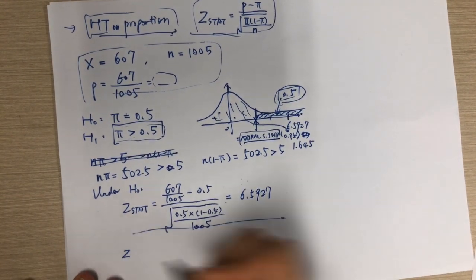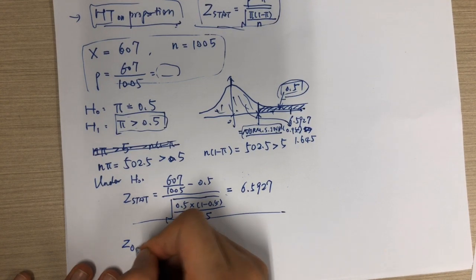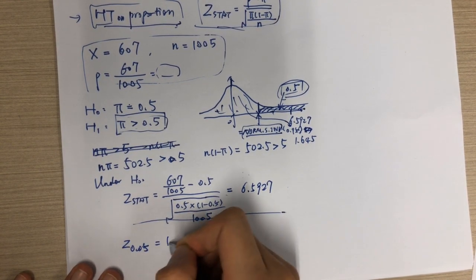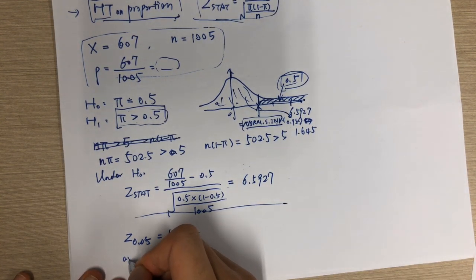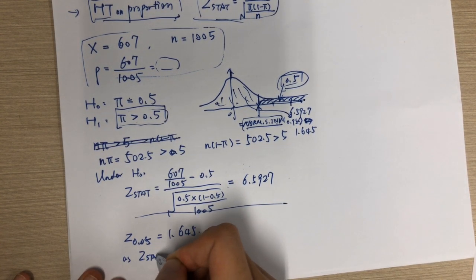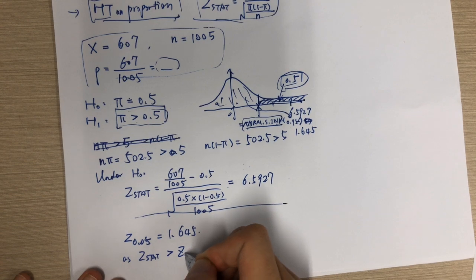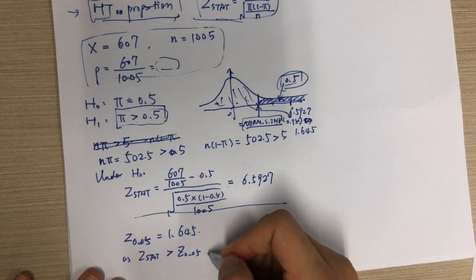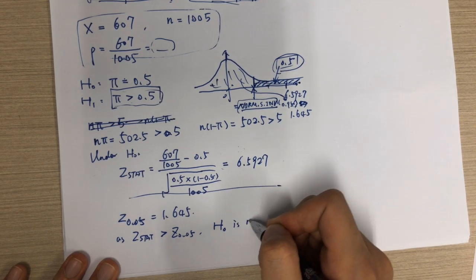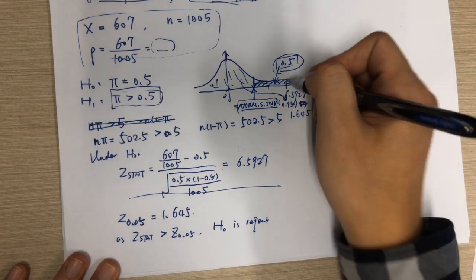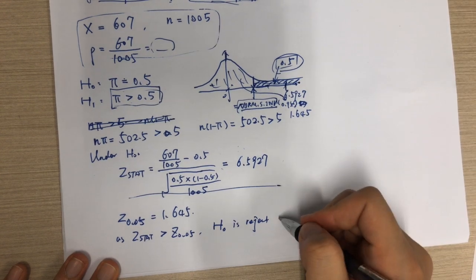So you should also state here that z 0.05 is 1.645. As z stat is greater than z 0.05, then we can conclude that the null hypothesis is rejected, right? Because it's obviously in the rejection region.